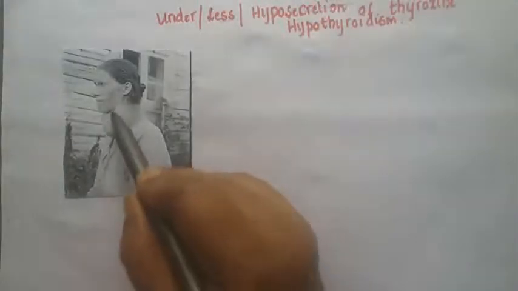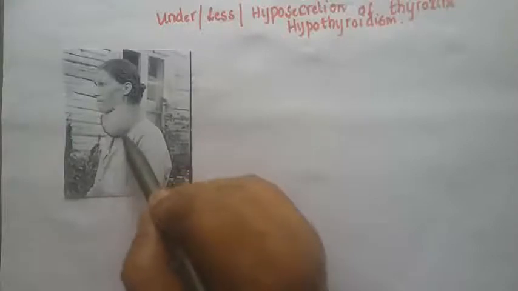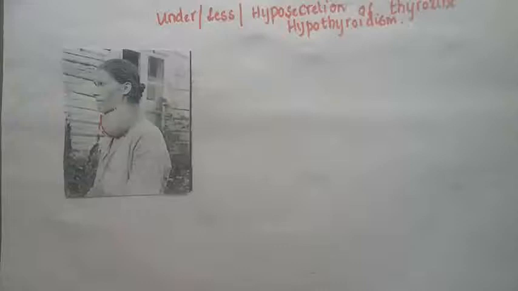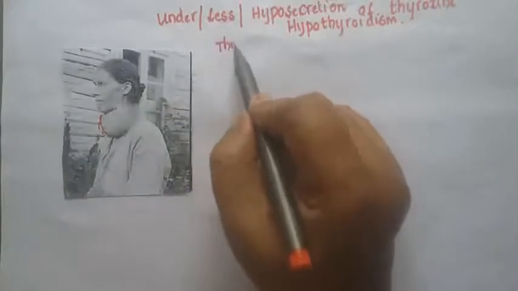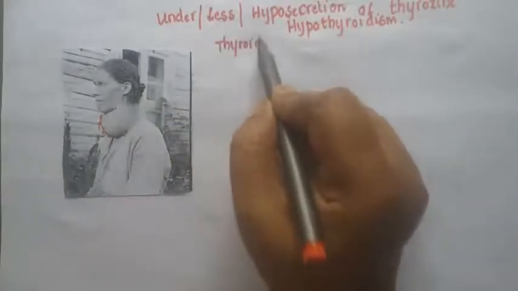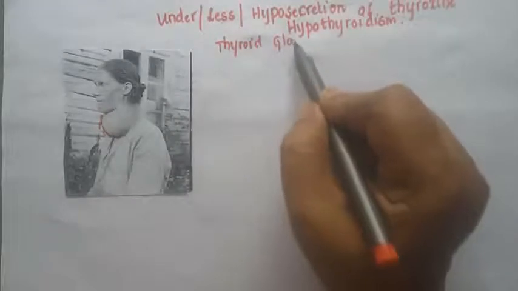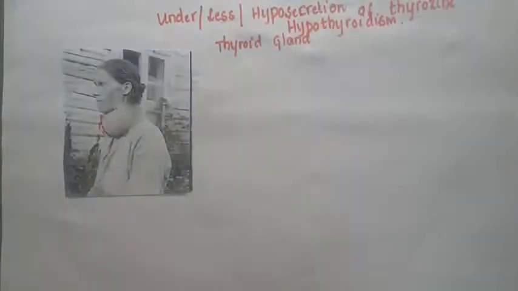You can find that a particular organ in the neck has swollen. It is nothing but the thyroid gland in the neck region, which has swollen, right?